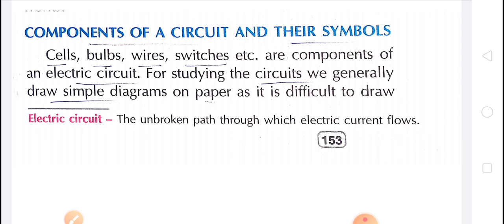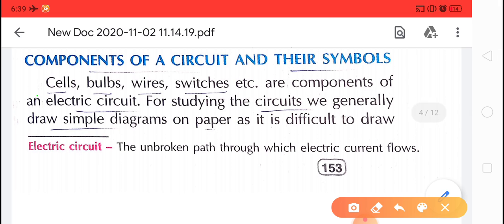see the components of a circuit and their symbols. In an electric circuit the various components are found, like cell, bulbs, wires, switches, etc. These are the components of electric circuits.